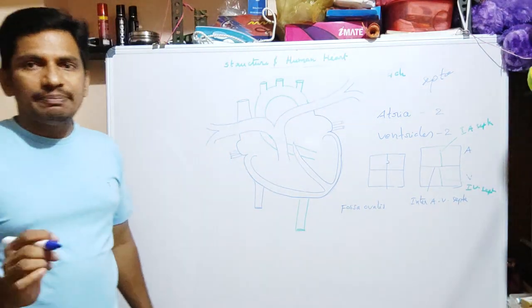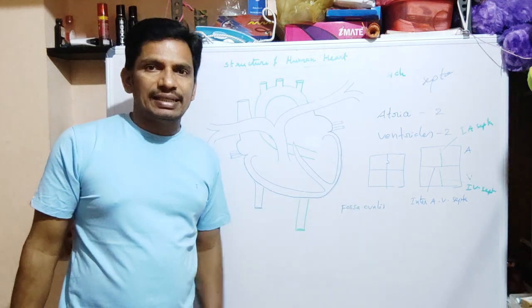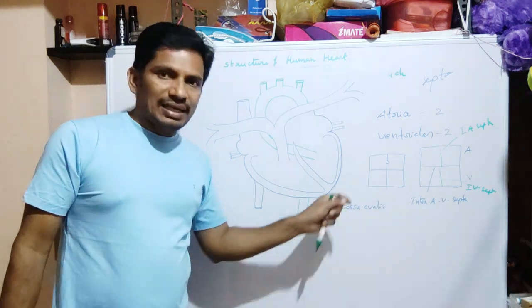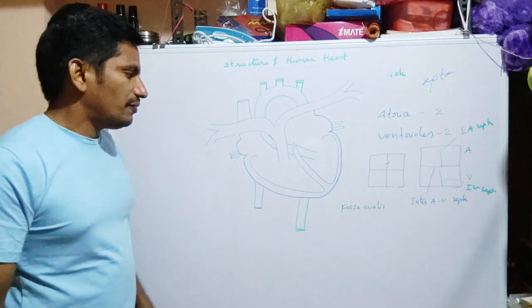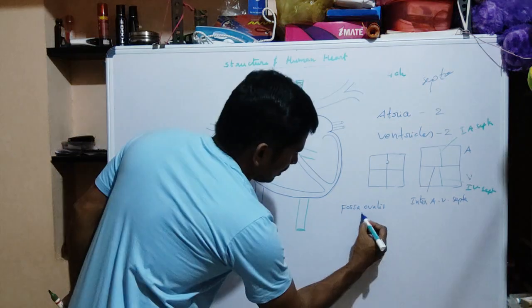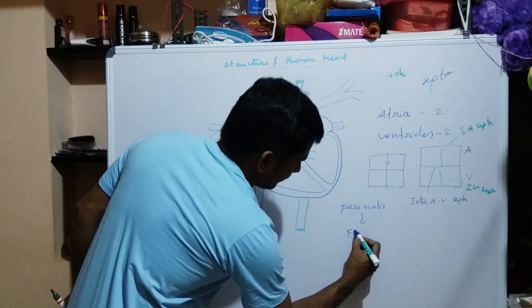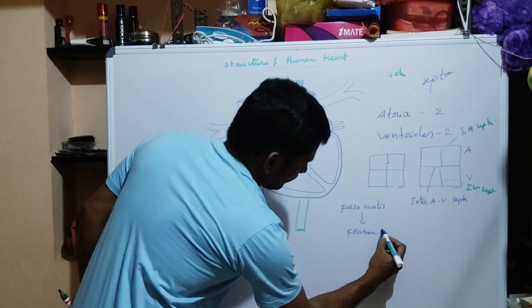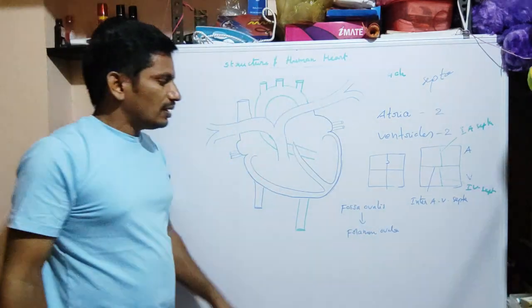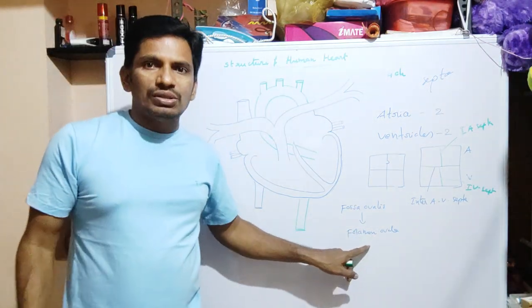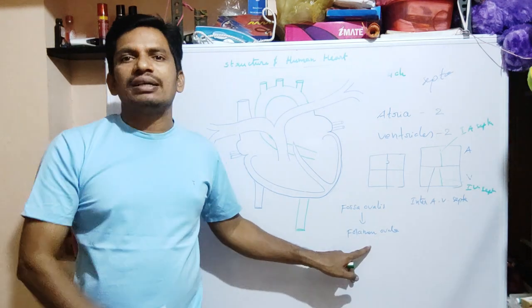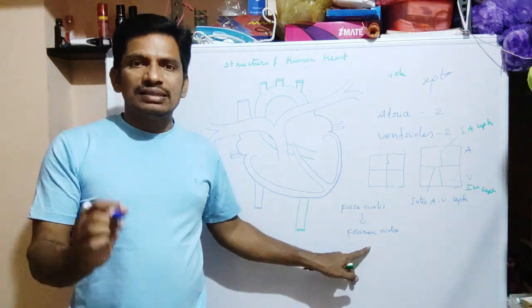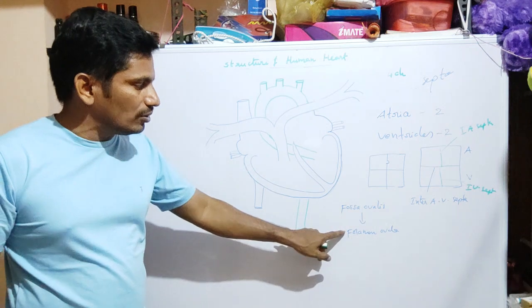Fossa ovalis is the depression between the atria. This corresponds to the fetal heart's foramen ovale. Foramen ovale should be closed when the lungs become functional. When the lungs become functional, this should be closed.